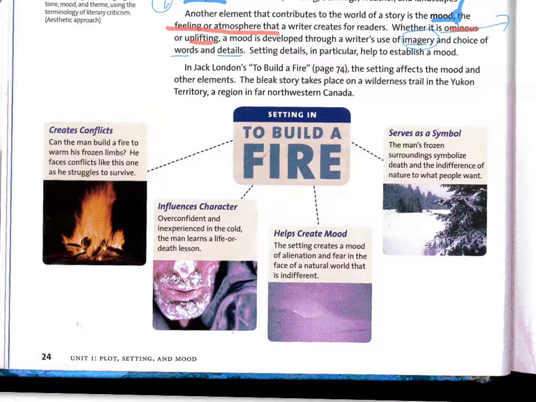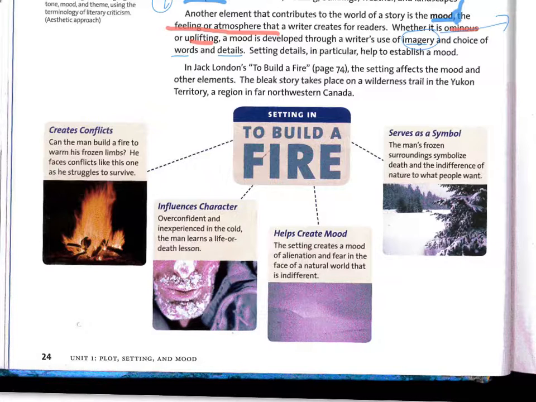So in your textbook, your reader, is a story excerpt called To Build a Fire, and it's on page 74. We're actually not reading it as an assignment in class, so this is the only assignment-based part of the story that we're doing. You're welcome to read it on your own.